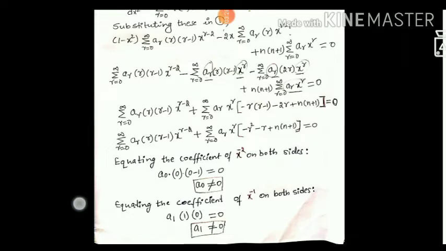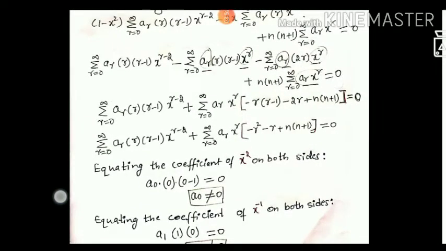Now next, minus 2x into the summation. Inside, x power is r minus 1, clubbing with this x we will get x power r only. That is what is written here: minus sigma r from 0 to infinity ar into 2r into x power r, plus n into n plus 1 into sigma r from 0 to infinity ar x power r equal to 0. For the last term, no change.